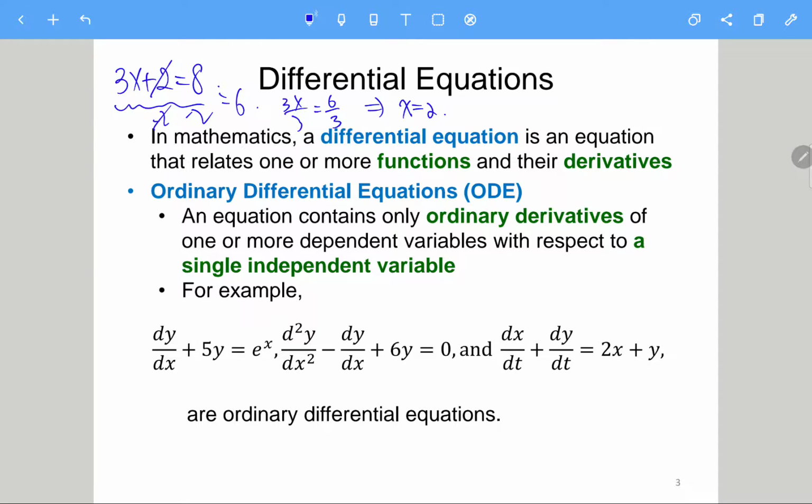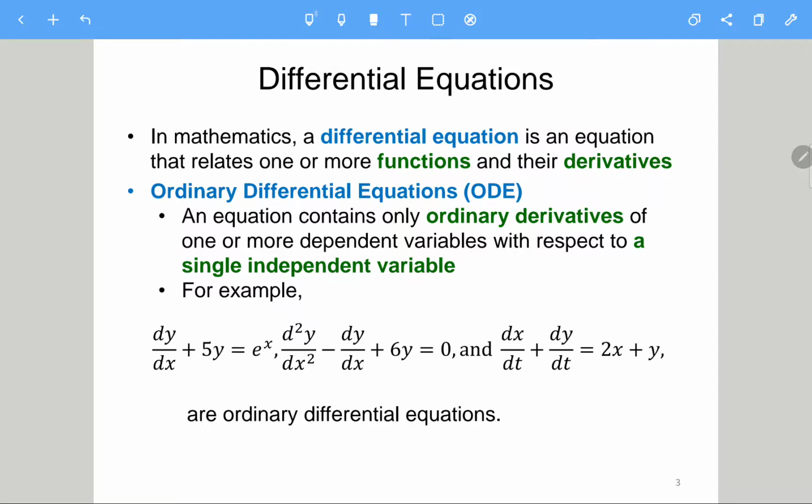This is called an algebraic equation, which means within this equation we only have algebraic calculation, something like plus, minus, multiply, division.